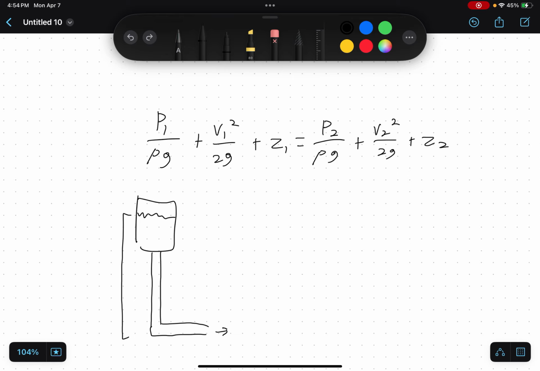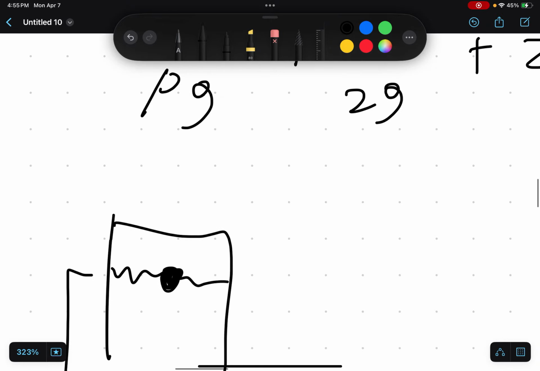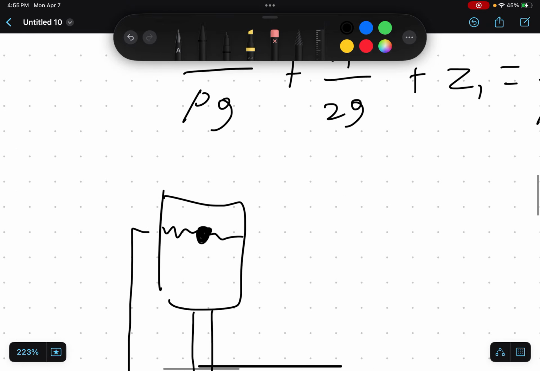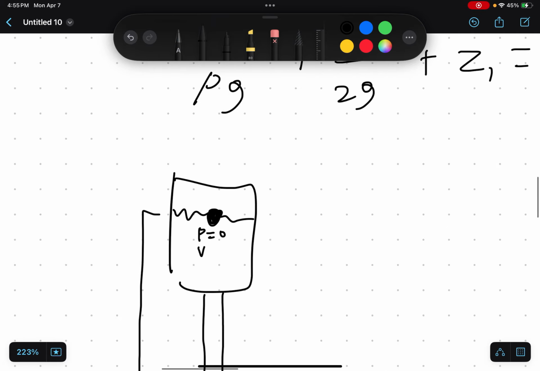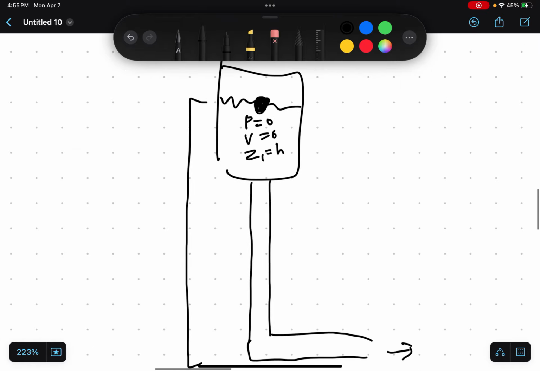The way we would use it is we would say inside of the tank, we're gonna assume that it doesn't have relative pressure. It's got absolute pressure, but let's assume it doesn't have relative pressure. So P equals 0. It doesn't have velocity because it's just sitting there. It does have a Z. Let's call it height.